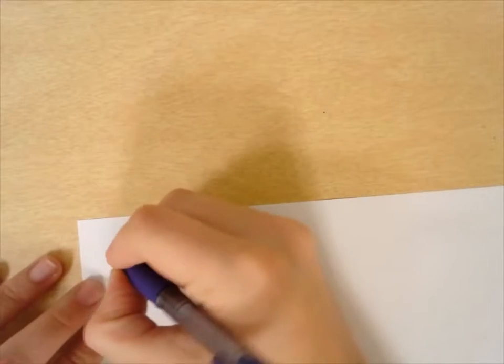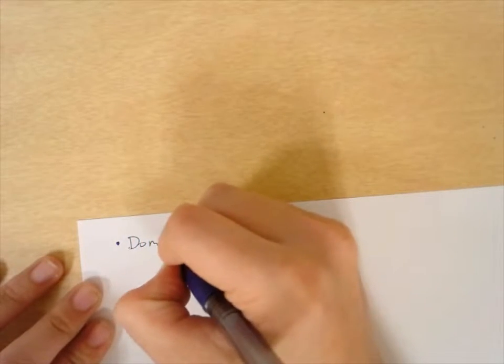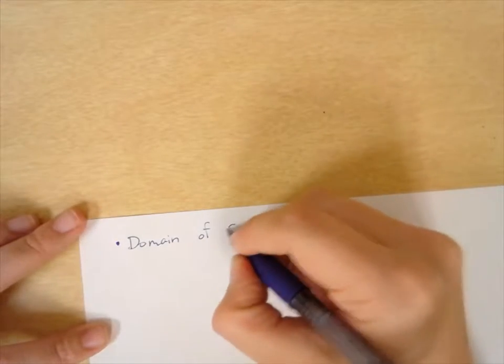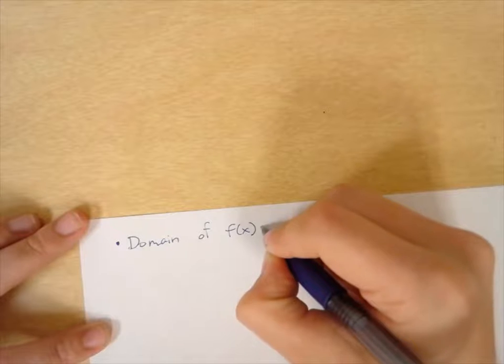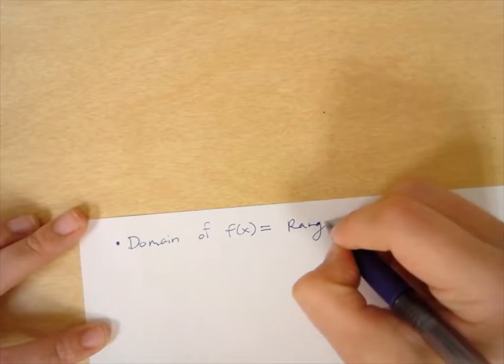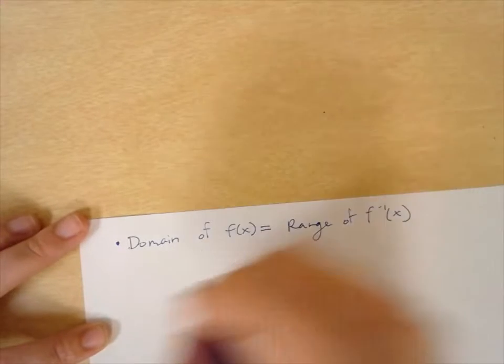Let's write down a few other important notes about domain and range of inverse functions. It's important that we understand the domain of f of x is equal to the range of f to the negative 1 of x.